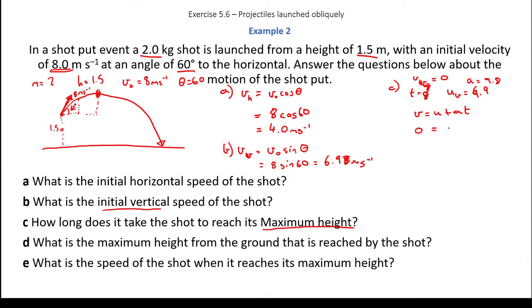Our initial velocity was 6.9, minus, because acceleration's down and we've decided up is positive, minus 9.8t. So we solve this and get t is equal to 6.9 on 9.8, which is 0.704. So 0.7 seconds.